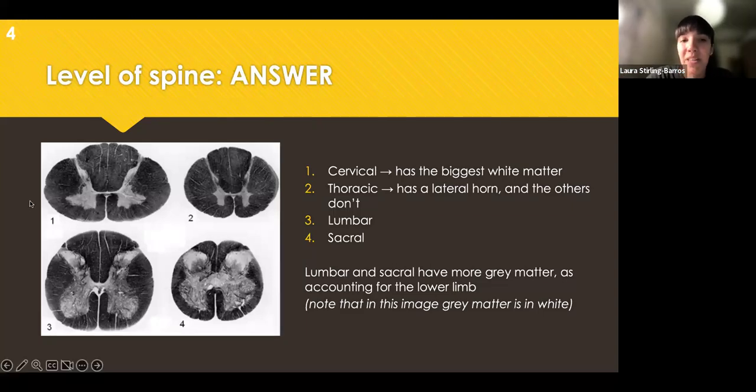So it's just more white matter in cervical, and less in the sacral part. And the one thing to identify the thoracic part of the spine is that it has these little things on the side, which are called lateral horns, and they're mainly involved with the sympathetic system. So you think all of your viscera are mainly supplied by this.